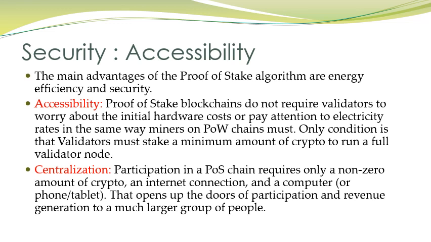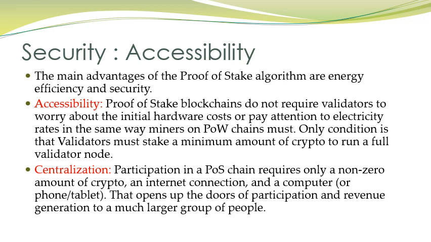Proof of stake blockchains do not require validators to worry about the initial hardware cost, or to pay attention to electricity rates, unlike miners on proof of work chains, who spend a lot of power and have to pay high electricity bills also.